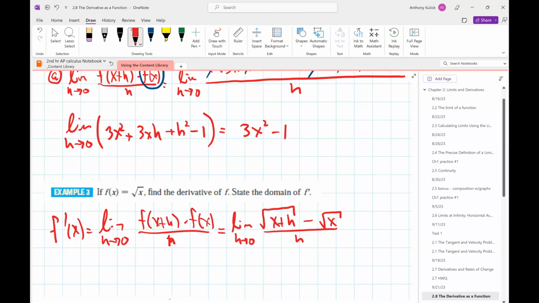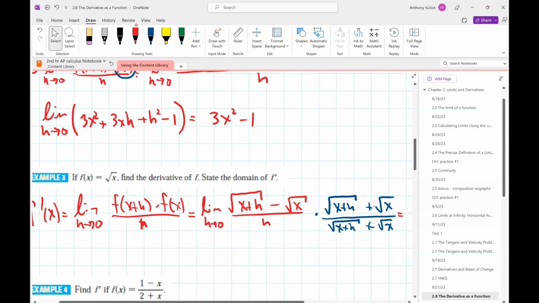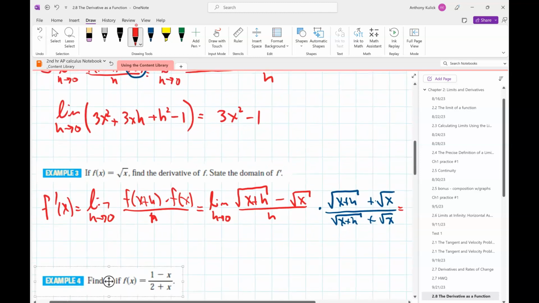Okay. Everybody so far so good? What am I going to do with this? Yes! Good eye. We'll multiply by the conjugate, which would be square root of x plus h plus square root of x. Isn't that screaming multiply me by the conjugate? I think so.